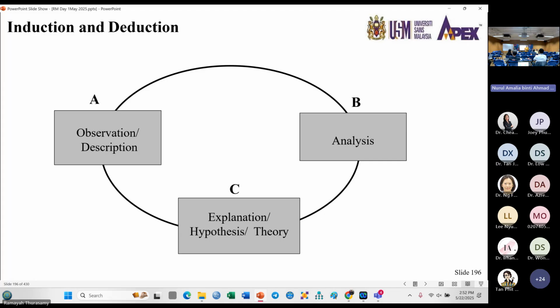So now you are wrong, right? This is where the inductive process happens. By observing, you come up with an explanation. What are the explanations you have? Okay, blackout, no power, wrong connection, no power next door, or something. And finally, you decide you need an electrician.